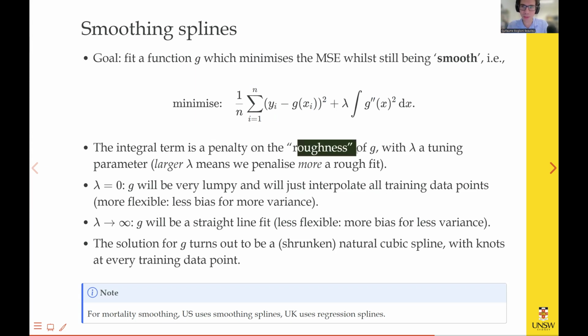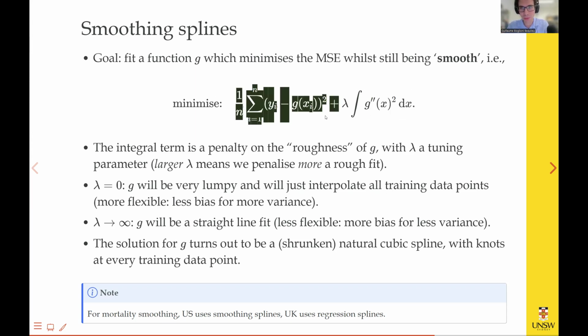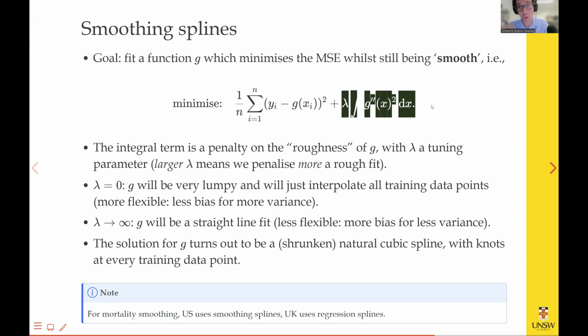By roughness, we mean the opposite of smoothness, meaning that if g is very rough, so not smooth and wobbly, well, this term will be big, and hence it's going to be bad in the minimization problem. Meaning that, because you want to minimize this, if this is too large, you're not going to minimize it.